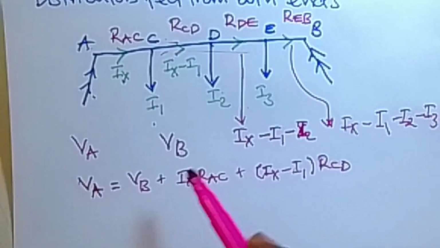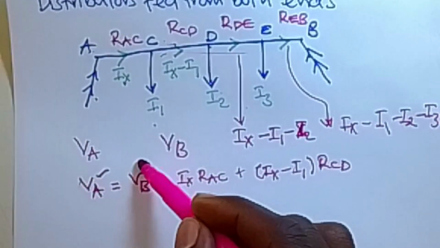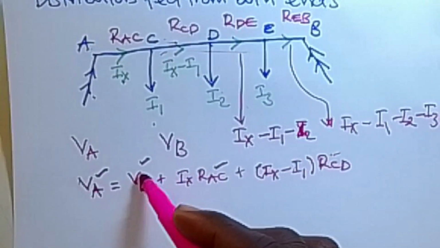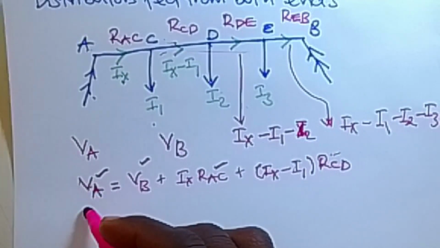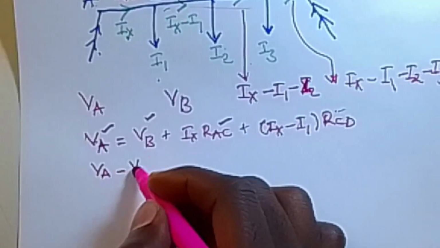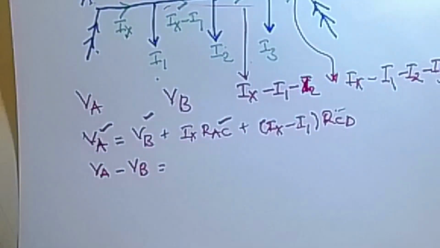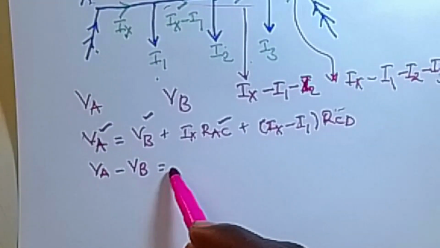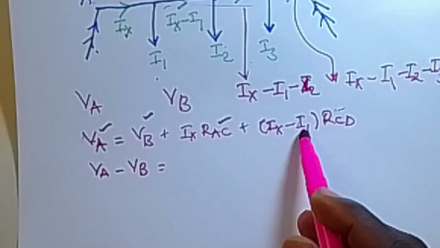So simply you will keep on calculating for the entire section of the line. And at the end of the day, VA is given, VB is given, and you have all respective values of R. So you can take VA and VB to the other side. So you have VA minus VB being equal to the sum of these values here.